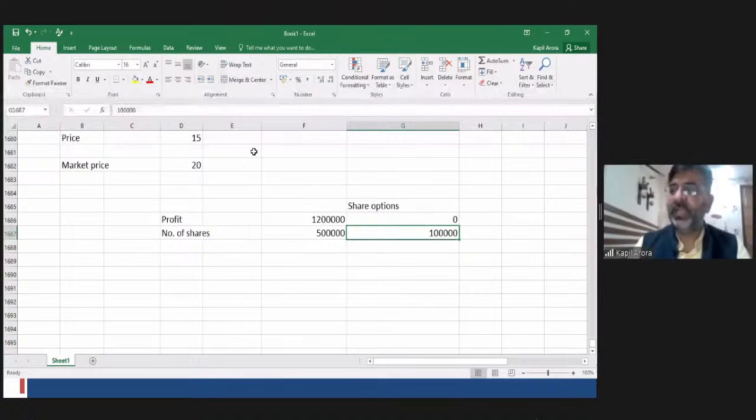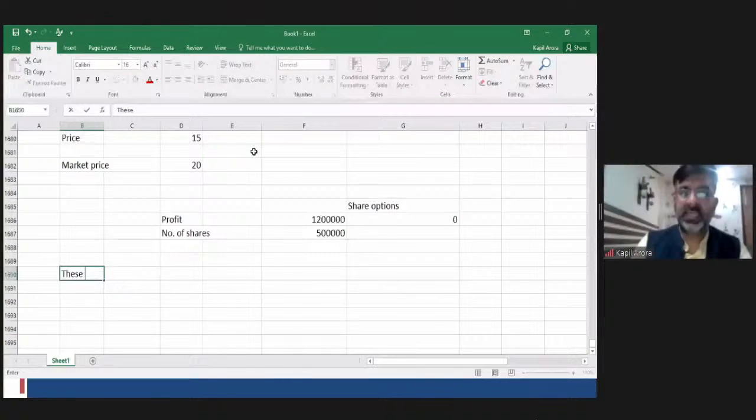When profit increase is 0, the standard says, why are we using the full amount of shares? The share options are bringing some money. How much money?